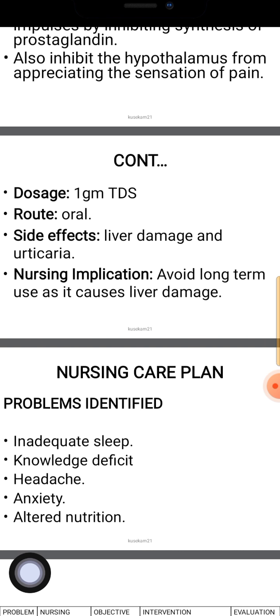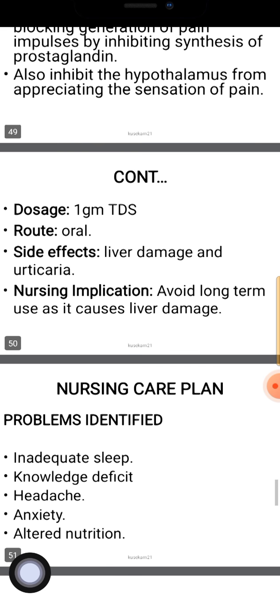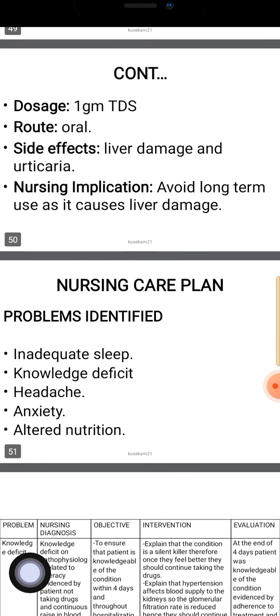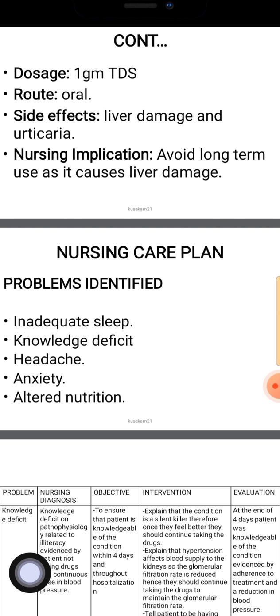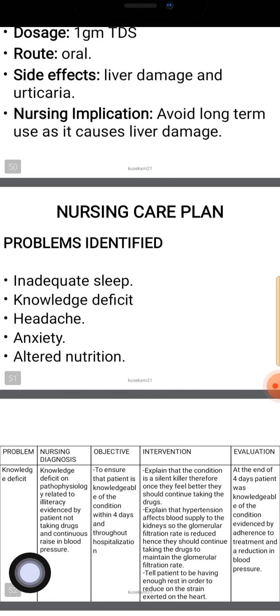So it will stop receiving the pain sensation because it is inhibited by the paracetamol. Dosage 1 milligrams TDS, route: oral, swallow.